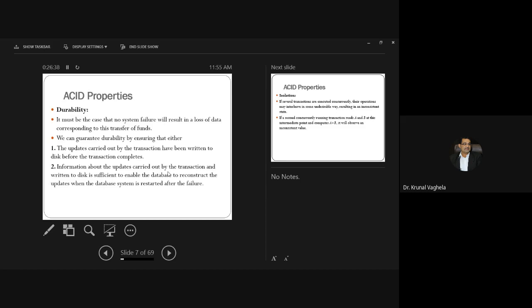There is one topic here, log. Do you know log, L-O-G, log? Whatever update you are doing must be written somewhere: that I have deducted 50 from A, I have credited 50 to B. All the steps should be recorded. For example, in the laboratory, if you want to go to the library, you are punching in, right?